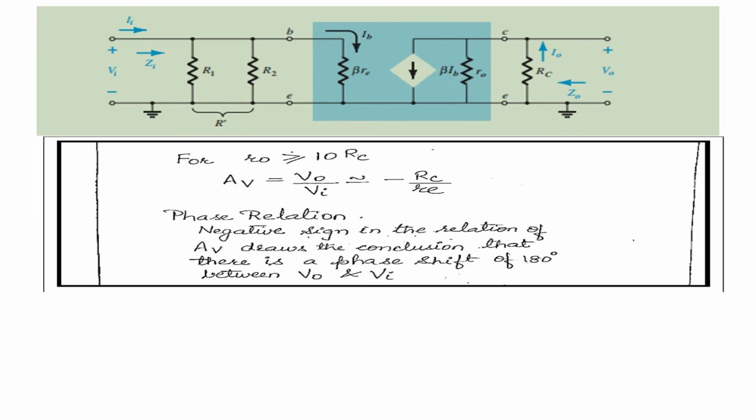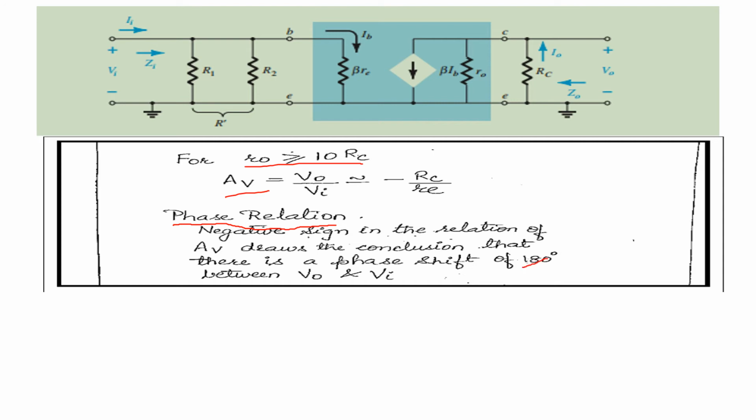Again, refine your relation of the voltage gain. Taking R0 to be greater than 10 times Rc, AV is equal to V0 upon Vi, which is minus Rc upon Re. The negative sign shows that there is a phase relation of 180 degrees between the input signal and the output signal.